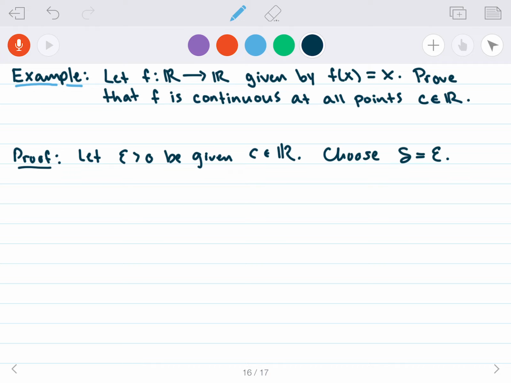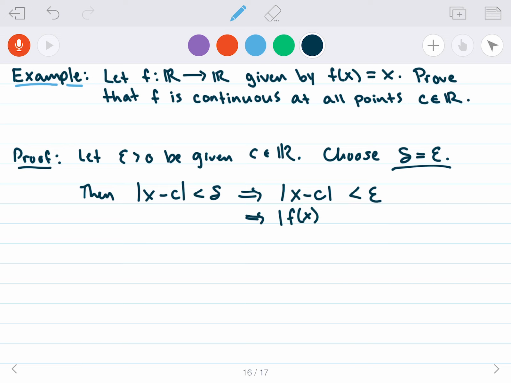Then our hypothesis, |x minus c| less than delta, is going to imply, well, delta was epsilon, |x minus c| is going to be less than epsilon, which implies that, it's just definition, f of x is x, f of c is c, |f of x minus f of c| is going to be less than epsilon, okay?